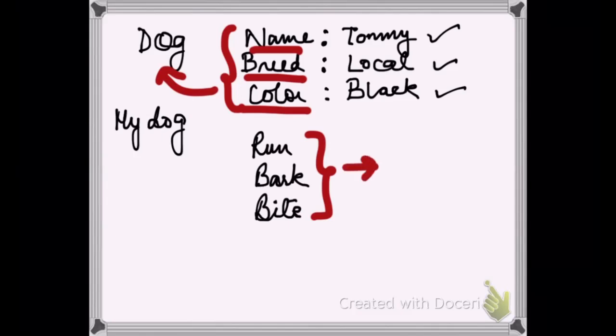The actions that my dog can take, or rather the actions that my dog can perform. So we are talking about one particular dog whose name is Tommy, who is a local breed, who is black in color, and who can run, bark, and bite. And that is my dog.